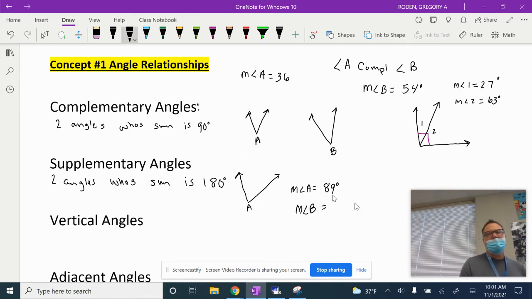So angle B over here, ladies and gentlemen, has to be 91 degrees. Y'all see that?